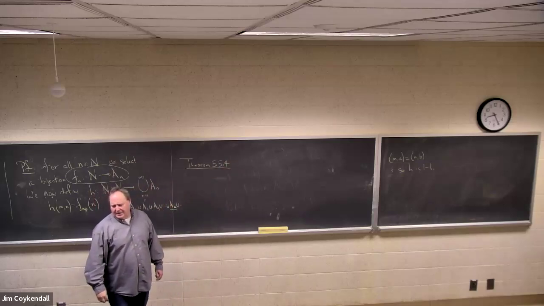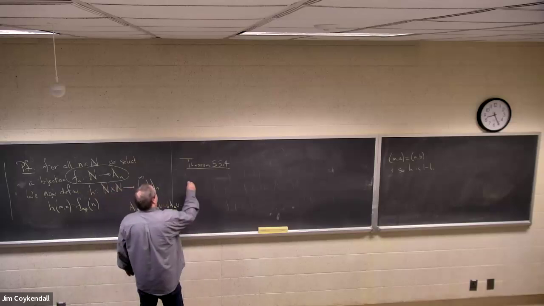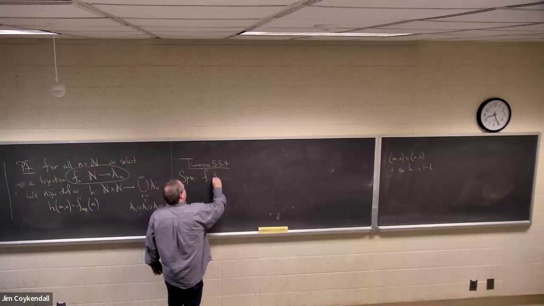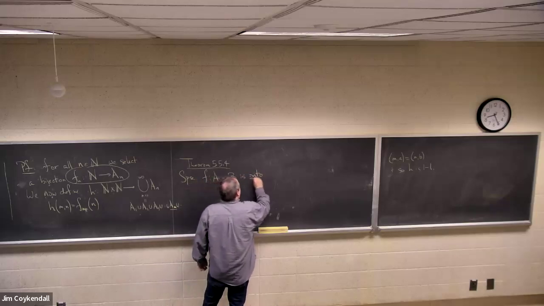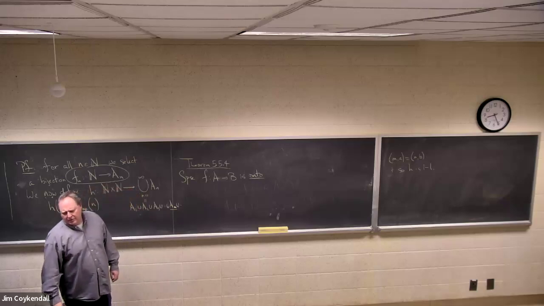Theorem 5.5.4. If there exists a function from the set A onto the set B, we've been using this before, but I want to bring this up because this one actually requires choice.